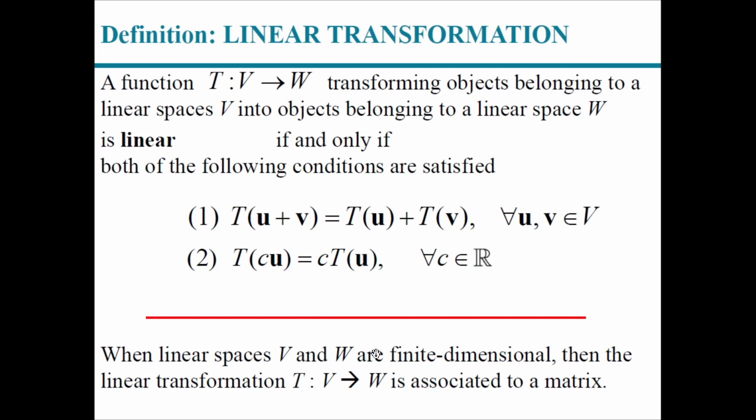In the case where V and W are finite dimensional spaces, and we are going to deal only with those spaces anyways, we can associate to the linear transformation a matrix, and we need to build that matrix, obviously. What is important here is to remember the two conditions of linearity.